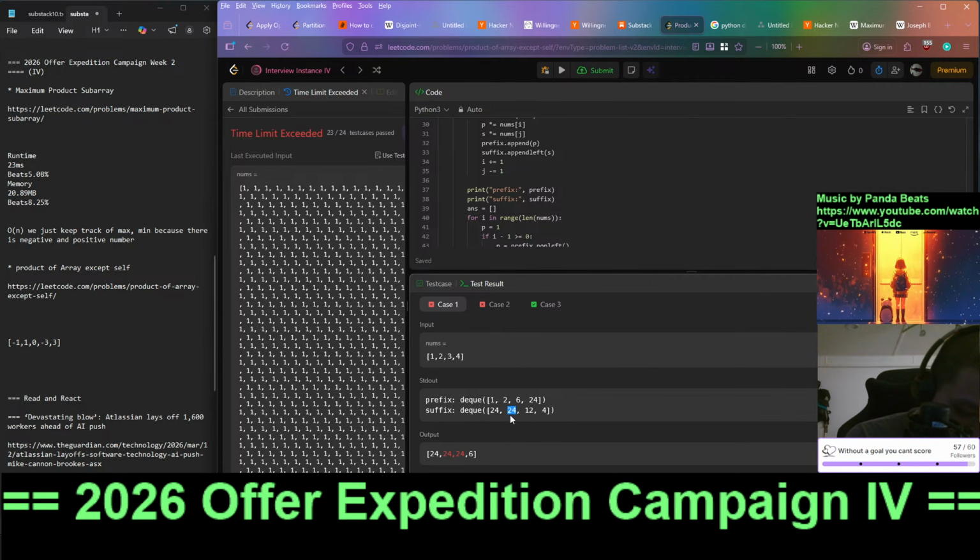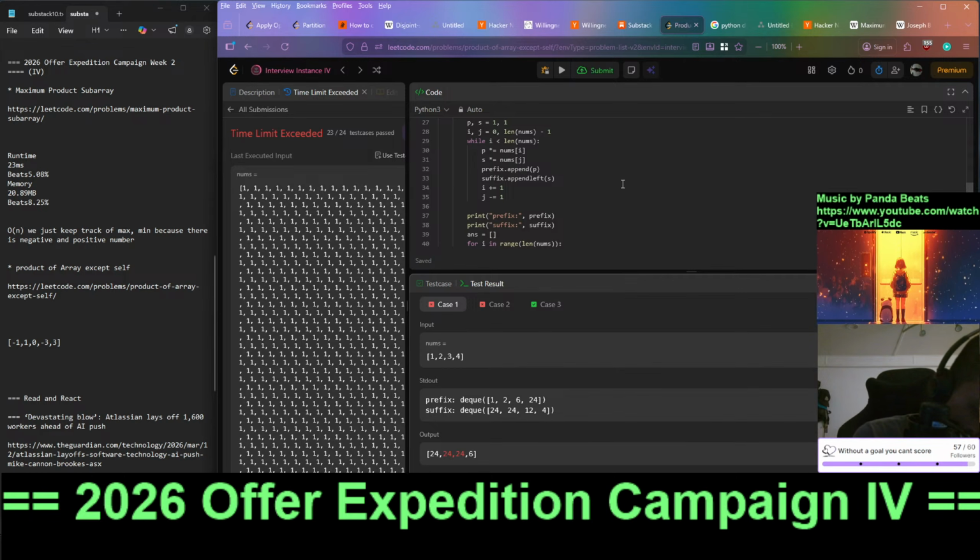Okay, so if we add the first position, yeah, so we fixed this case, but we broke the other two. Right, so we add 1, we basically pop these two. Wait, so 1, 2, 3, 4. We add 1 is gonna be 24.